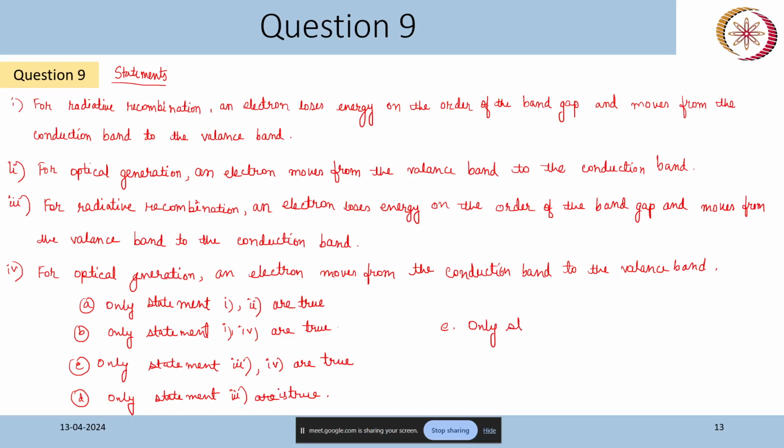Option F is only statement 4 is true. The last option is only statement 2 is true.